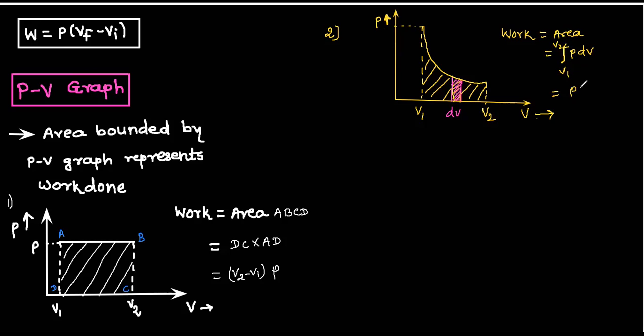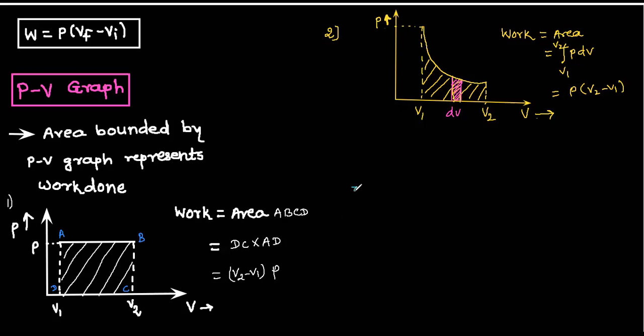So if you integrate this, what are you getting? P into V2 minus V1. Whatever the V1 and V2 are, you just integrate, you will get the same. Next graph.